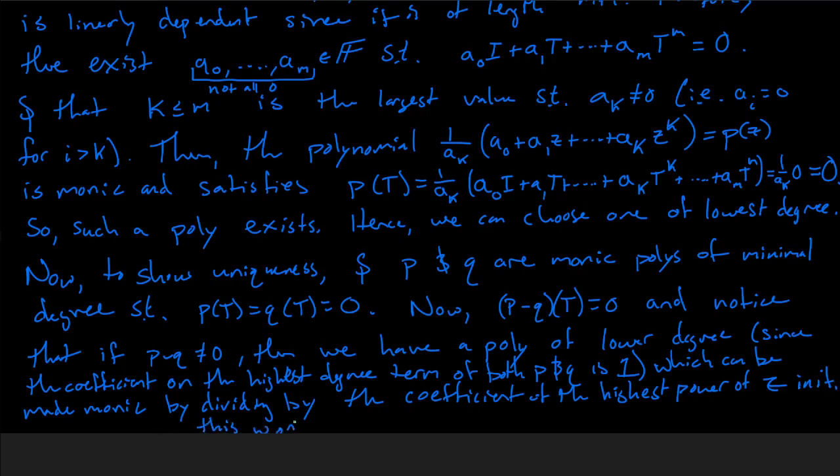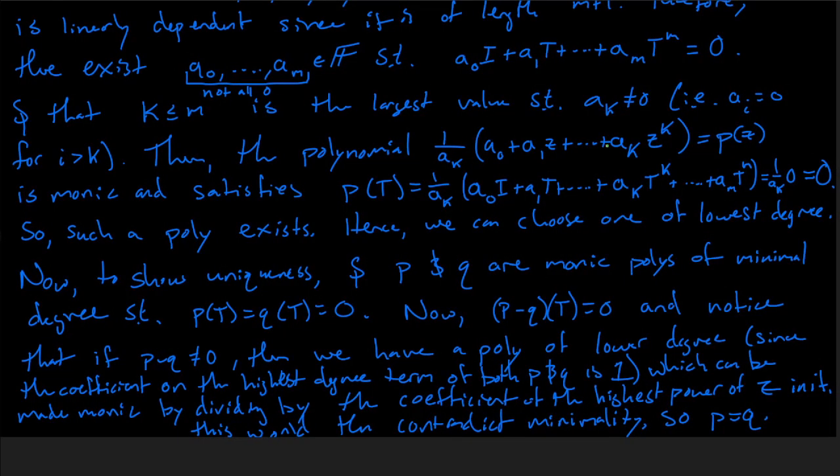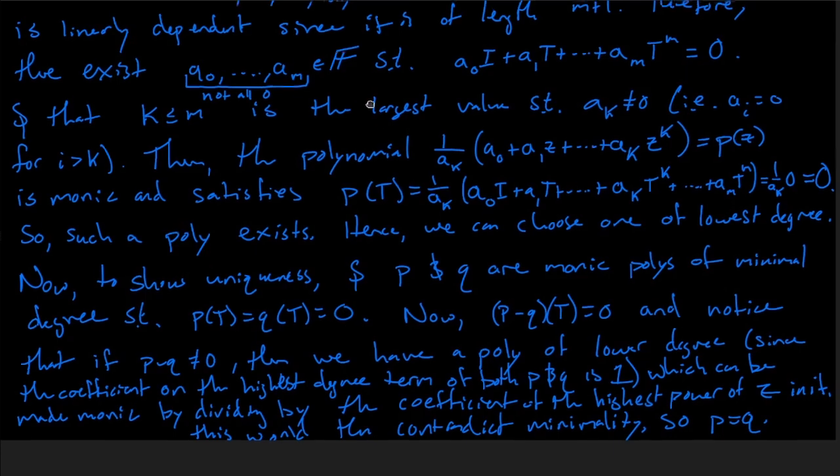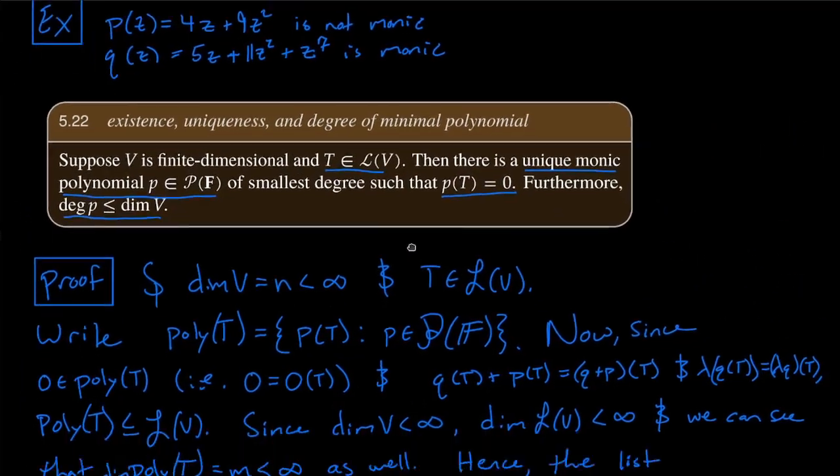This would then contradict minimality. So p is equal to q. That is, p minus q is equal to 0. Okay, so we've got a polynomial of minimal degree that is monic such that p of t is equal to 0. Not too bad.